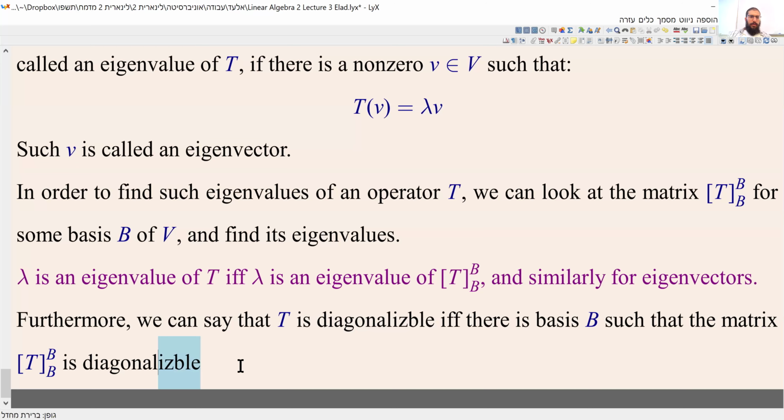Sorry. There exists a basis such that the matrix is diagonal.